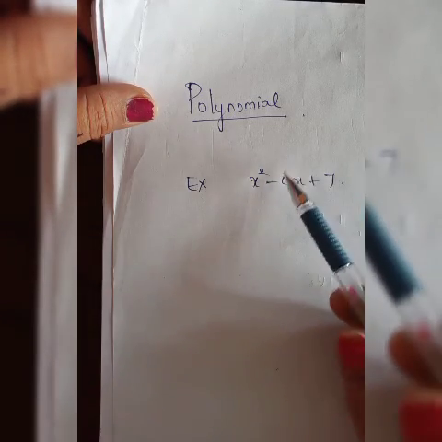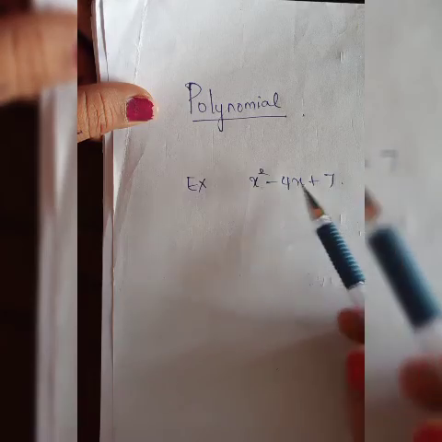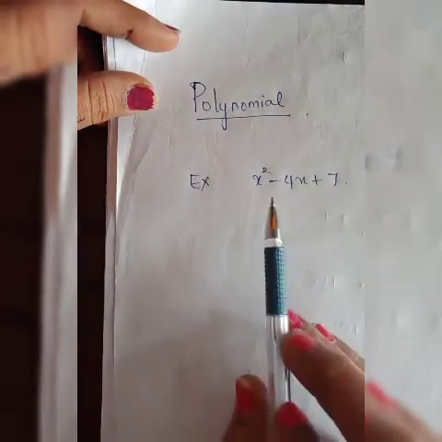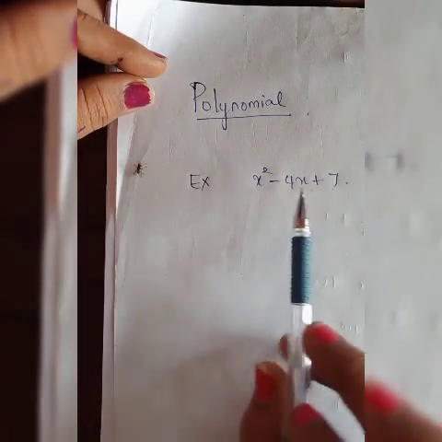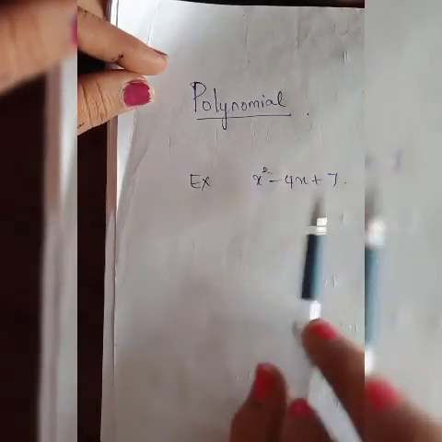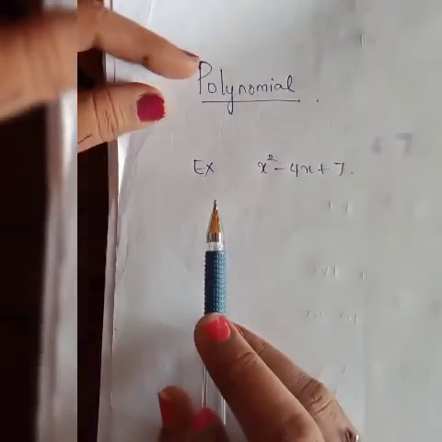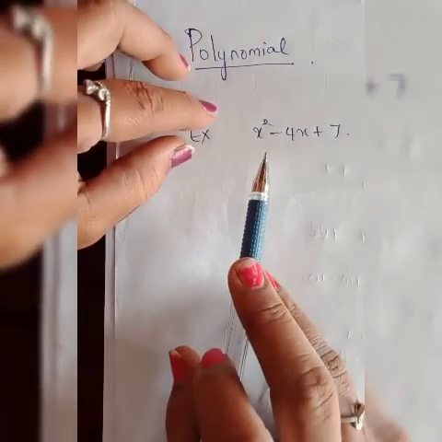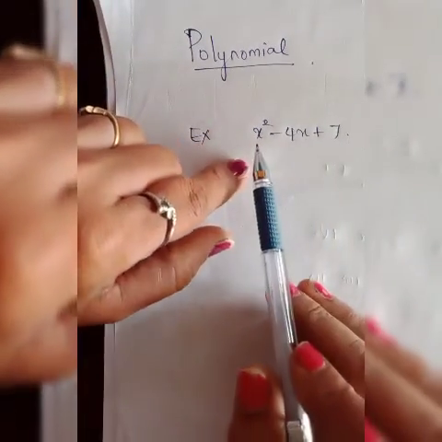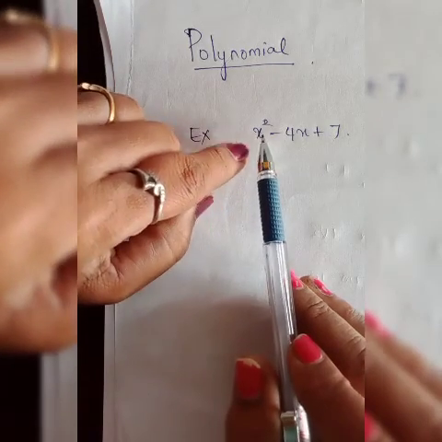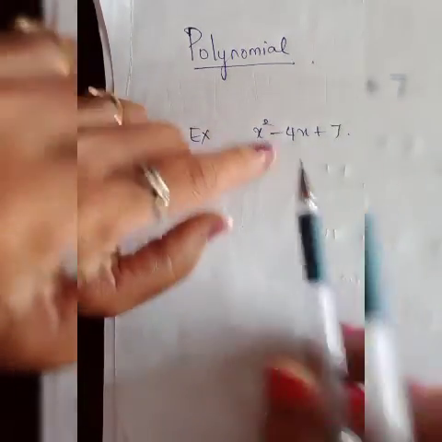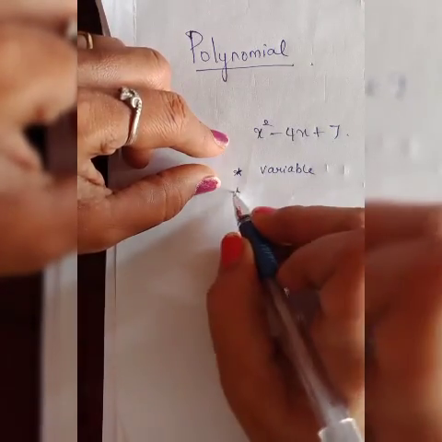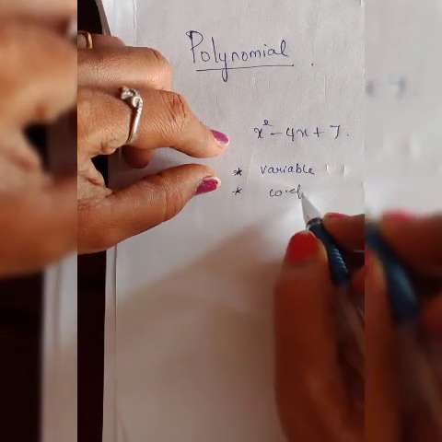This is an algebraic term, this is an algebraic term, and constant. So polynomial is an expression of more than two algebraic terms, especially the sum of several terms that contains power, constant, etc. There is another definition of polynomial also, that is polynomial consisting of variable and coefficient. Here the variable is x.